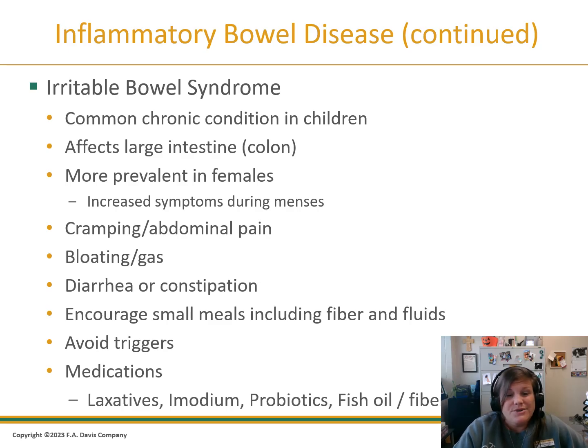These patients may also need meds, many of which can be purchased over the counter, though obviously with pediatrics, you always want to identify with the pediatrician what's safe to give and what frequency and what amount. But some examples of meds would be laxatives, Imodium, being on probiotics, because that helps to balance the natural flora in the intestine. Even fish oil supplements and fiber would be other examples as well.